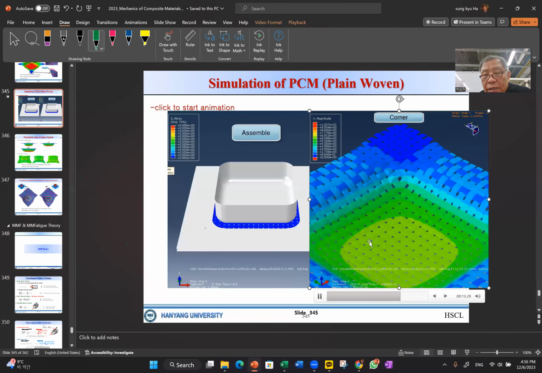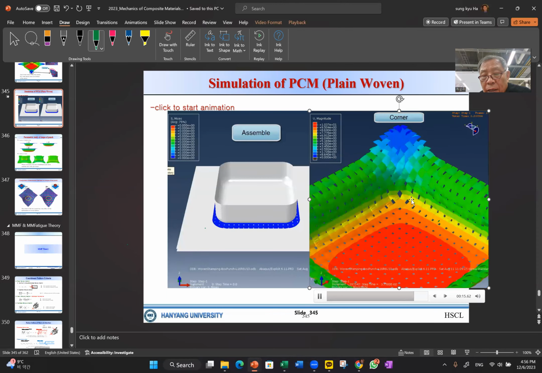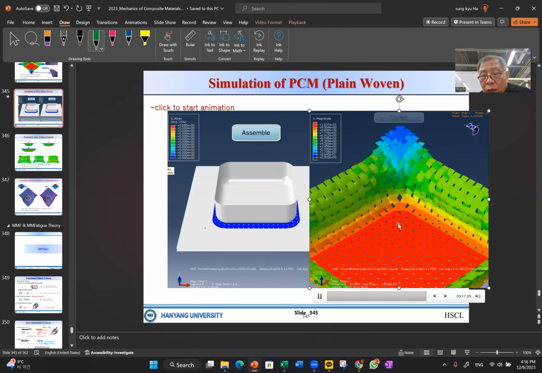So let's say you make this kind of box or battery pack. Don't assume that all the layup sequence will be the same as the original one. Once you press that and the shape changes, all the layup sequence angles change, and there will be more resin-rich areas. So the fiber volume fraction will be lower.